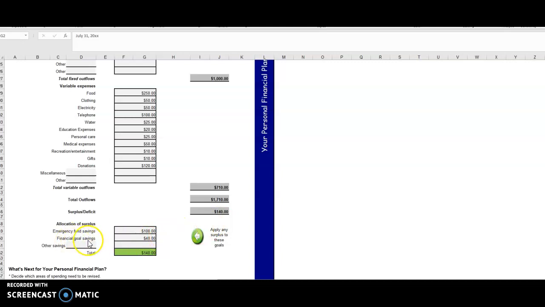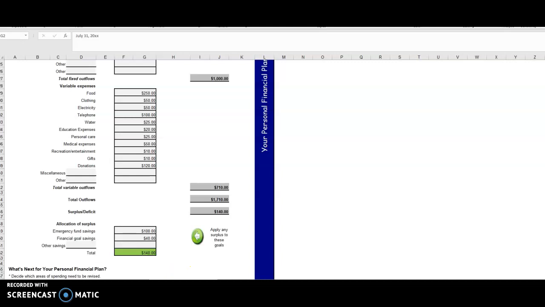And we had a financial goal savings. We put $40 in our savings. So that's how we spent this $140 surplus, $140. And that's our cash flow. Those are actual income, actual expenses for the month of July, ending on July 31st.